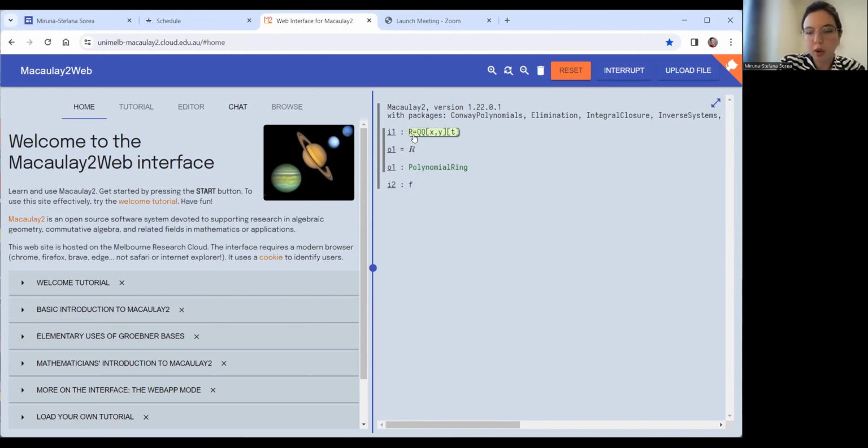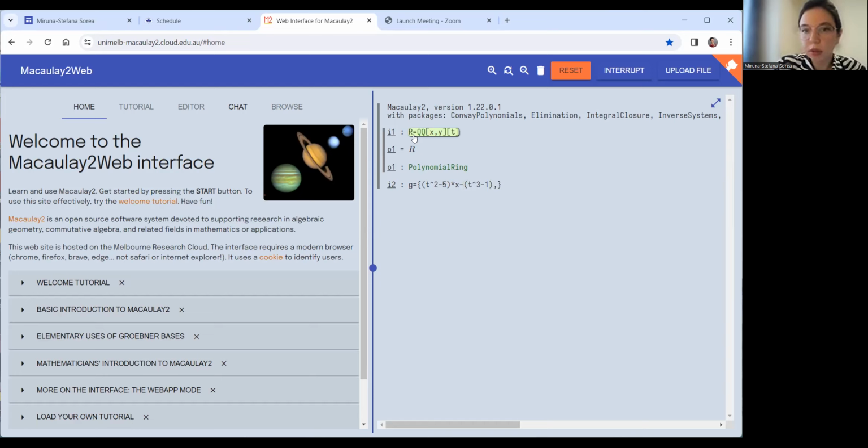And F, now we will call it G, for instance. G will be a set of polynomials that we want to consider. In our case, these are the two polynomials from before that I had written. That was B of t times x minus a of t. In our case, B of t was t squared minus 5 times x minus a of t, where A of t, I chose t cubed minus 1.